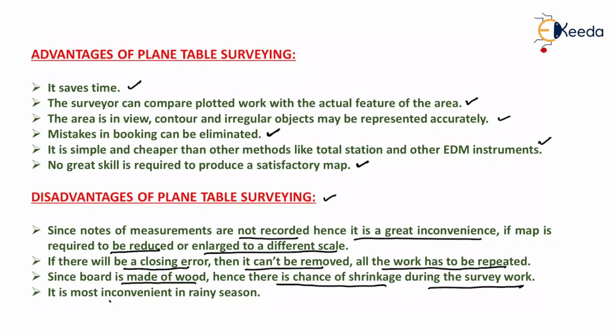And it is most inconvenient in the rainy season because we cannot do the field work in the rainy season, as we generally want a dry season for computation of the various dimensions as well as their plotting on the sheet in the field only.